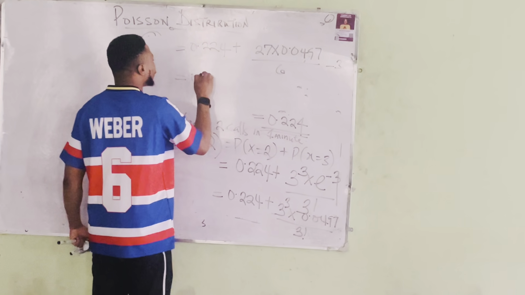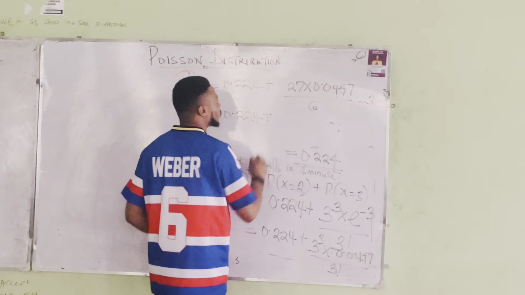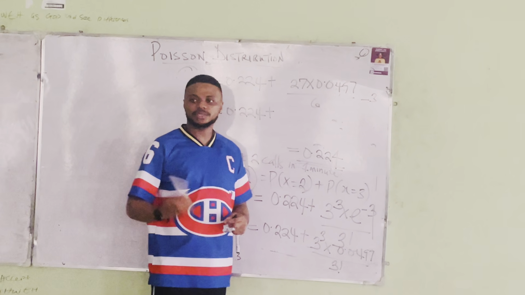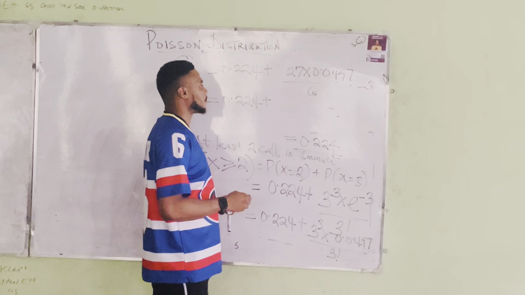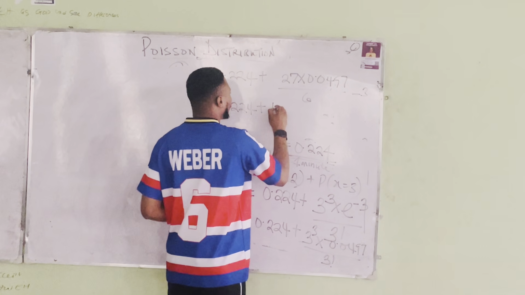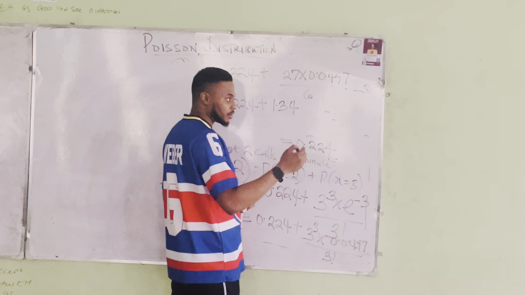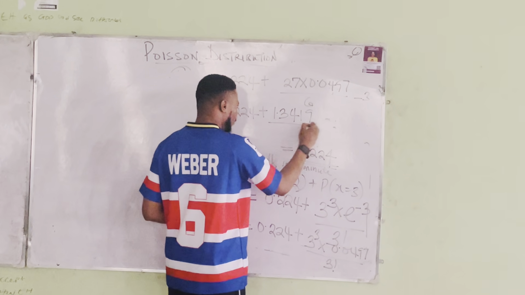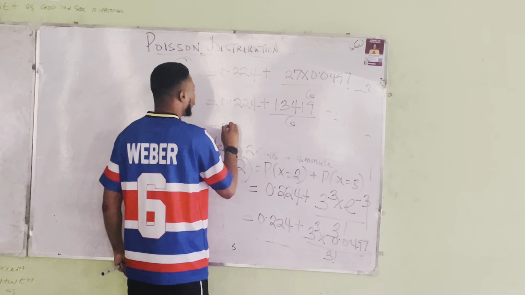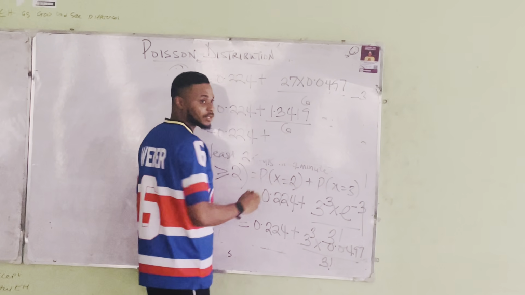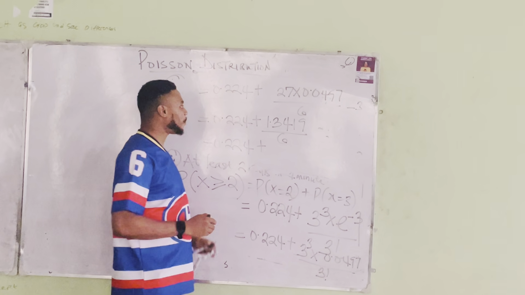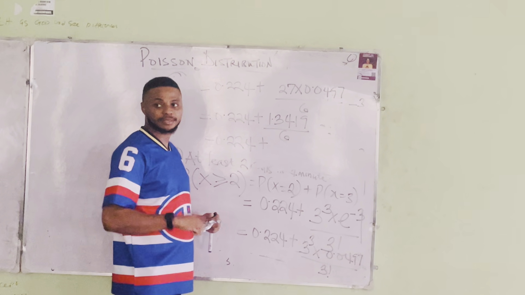So this will be 0.224 plus 27 times 0.0497, which gives us 1.3419, divided by 6. Please confirm it, another person.